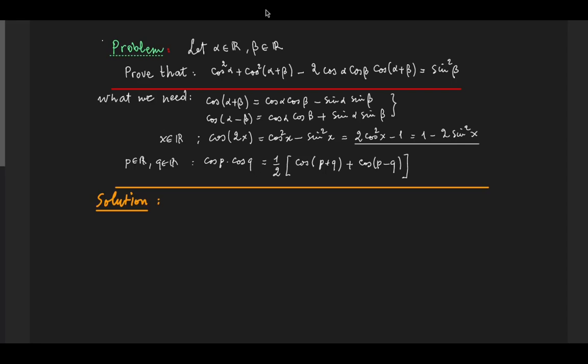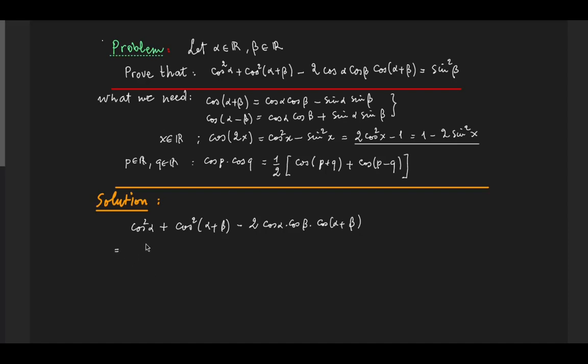We start by writing down the left-hand side of the equality. So we have cos squared alpha plus cos squared of alpha plus beta minus 2 cos alpha cos beta times cos of alpha plus beta.